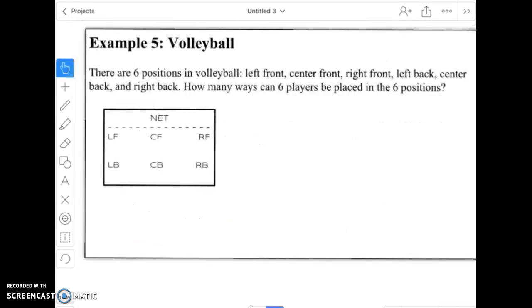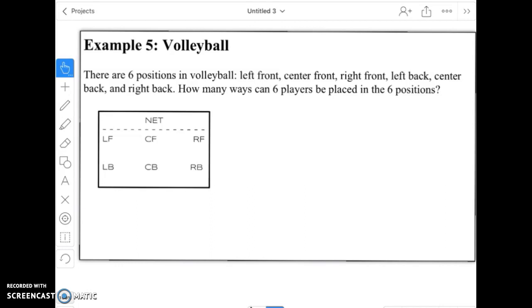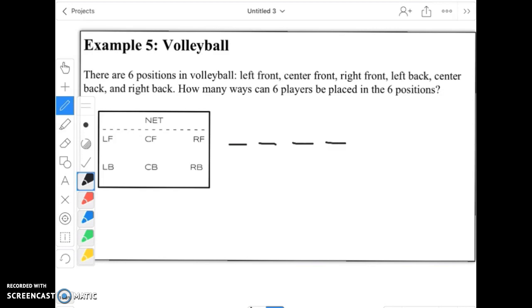Almost finished here. This is kind of like our passwords problem. There are 6 positions in volleyball: left front, center front, right front, left back, center back, and right back. How many ways can 6 players be placed into 6 positions? Again, we just have to think of it in the fact that we have 6 different positions.